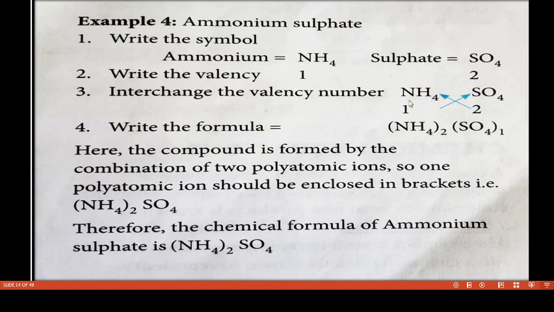Now interchange the valency numbers. If you interchange, you write NH4 with 2, SO4 with 1. Here the compound is formed by the combination of 2 polyatomic ions, so the polyatomic ion should be enclosed in brackets, (NH4)2 SO4. Therefore the chemical formula of ammonium sulfate is (NH4)2SO4.